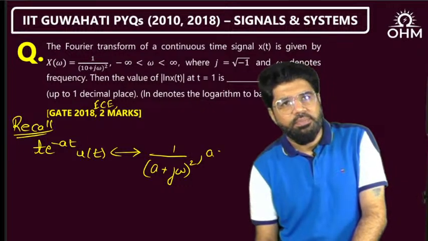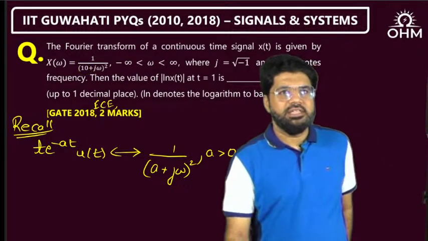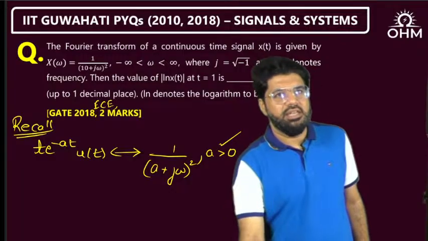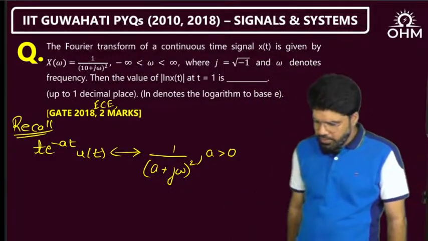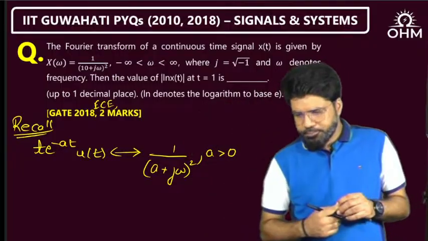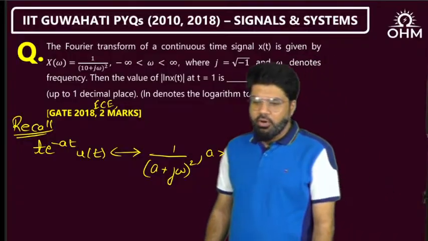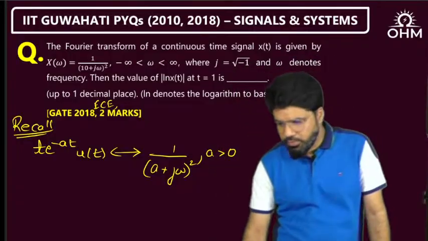This formula is applicable if a is positive, and a is 10 here, of course. As per Dirichlet's condition for convergence, we get this condition, a positive. Yes, Pratap, correct answer for the previous one, that was 4 pi. Yes, dear. So 1 upon (a plus j omega) whole square is the formula you use.